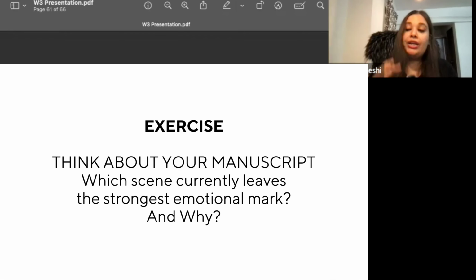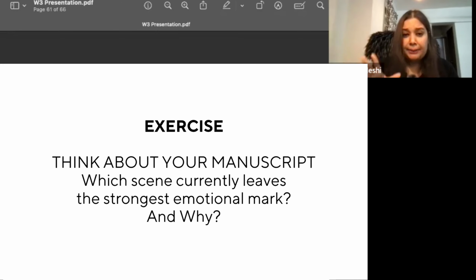This will really help you. In case you haven't done this and this is not how you write, I would implore you to try this method. If you are comfortable with using Excel or Numbers, you can do it on those softwares. If not, you can just create a simple table in Word or maybe just use a notebook.